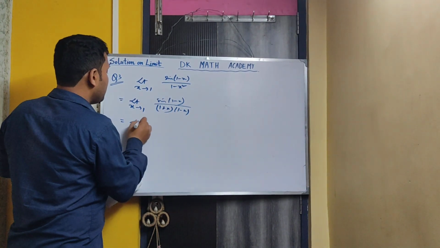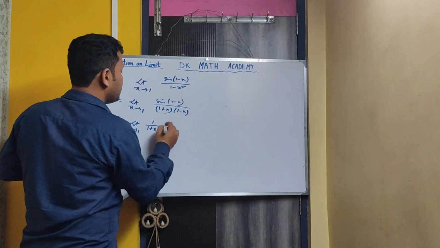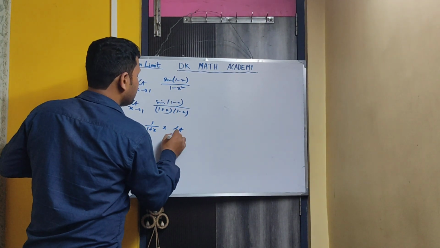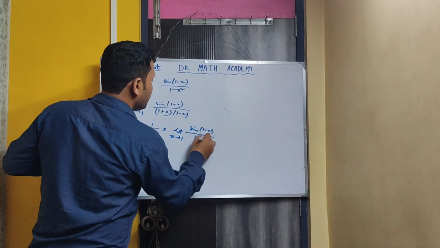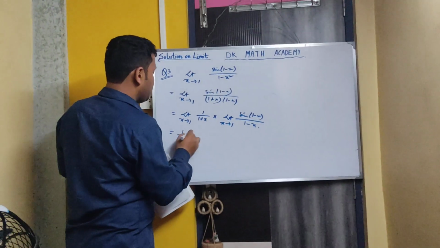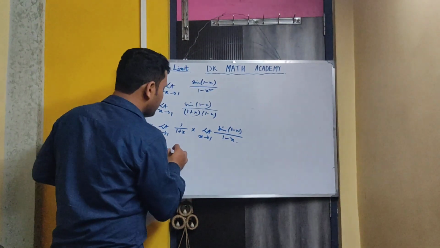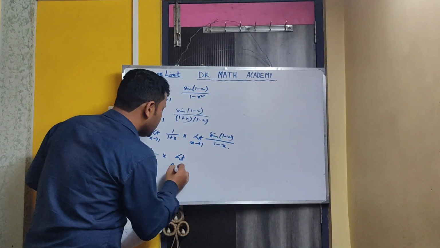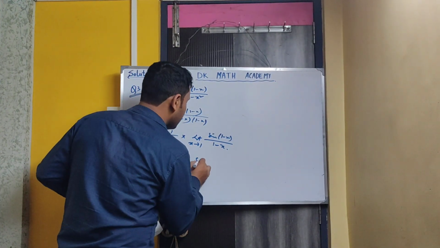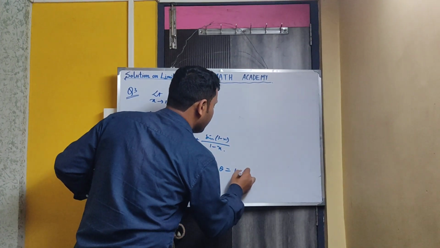That means limit x tends to 1, 1 by 1 plus x, into limit x tends to 1, sin 1 minus x by 1 minus x. Now this limiting value is 1 by 1 plus 1, into this limiting value, what should it be? Limit theta tends to 0, sin theta by theta, where theta equals 1 minus x.